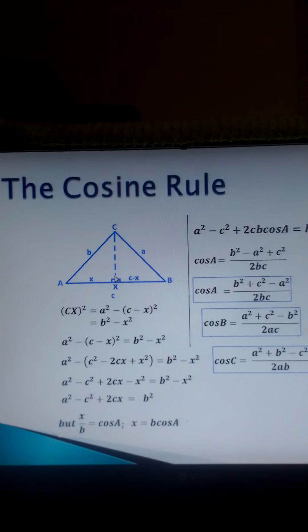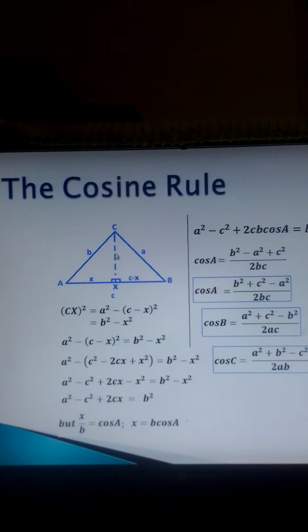Now from Pythagoras theorem, we know that Cx squared, the distance squared, is equal to a squared, that's for this part of the triangle. Cx squared is equal to the hypotenuse squared, that is a squared, minus the distance squared. Because if this one is x and all of this is c, then this one is c minus x.